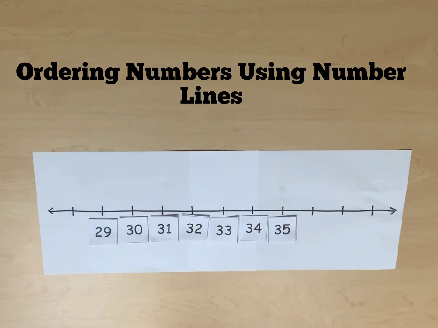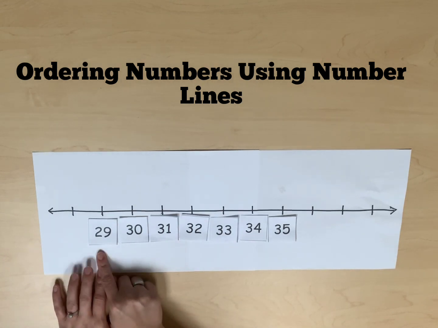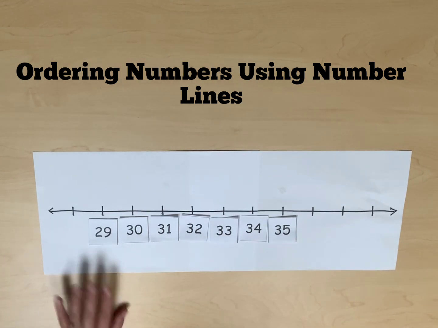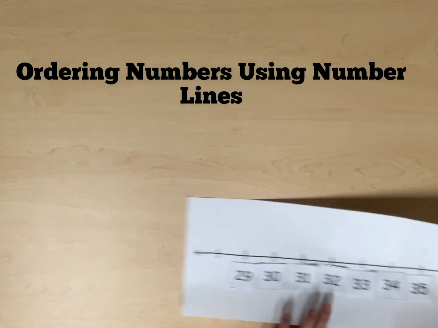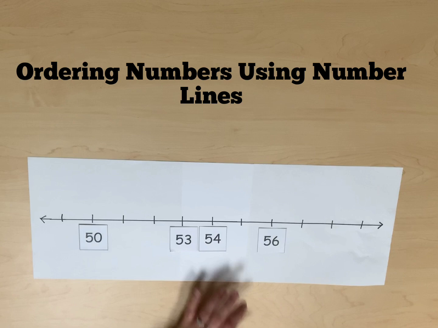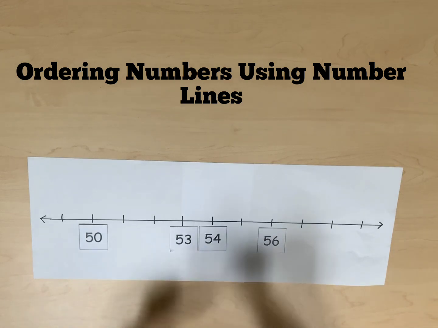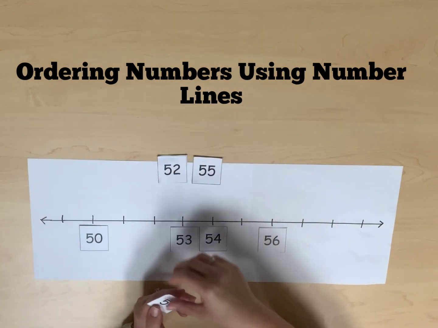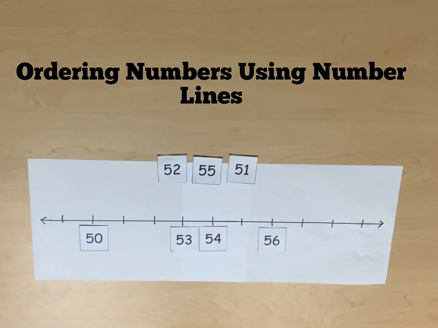Ask students what they notice about the numbers on the number line, leading them to realize the numbers are in order from least to greatest. Show students another number line, such as this one. Present students with 3 more number cards. Ask students to order the numbers on the number line.